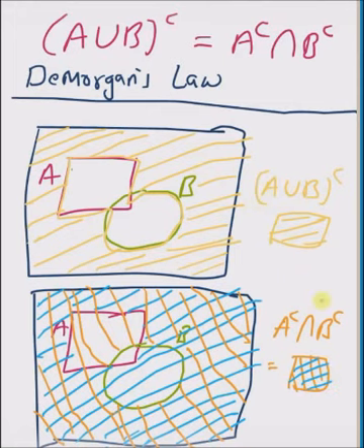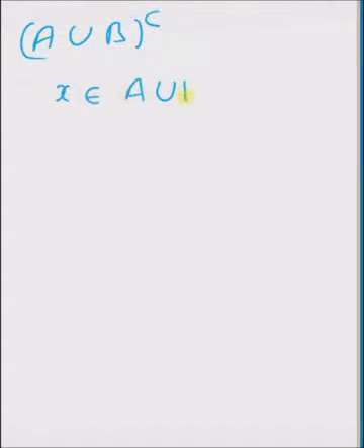So if you compare these two Venn diagrams, we can easily see that the complement of A union B is equal to A complement intersection B complement. This relation can also be derived mathematically as follows. Consider the set on the left hand side, that is A union B whole complement. So consider any element x that belongs to this set.